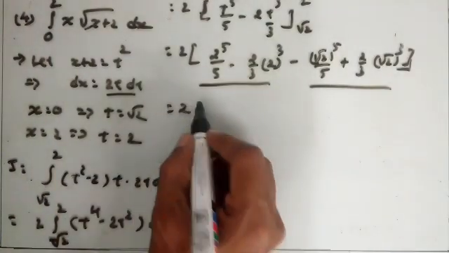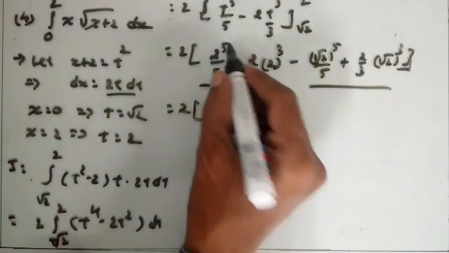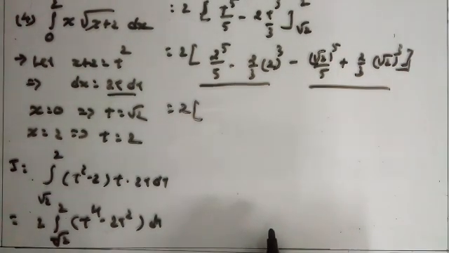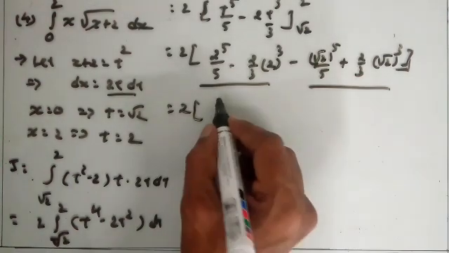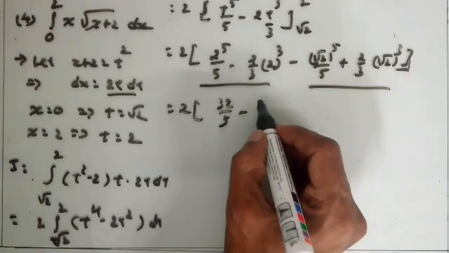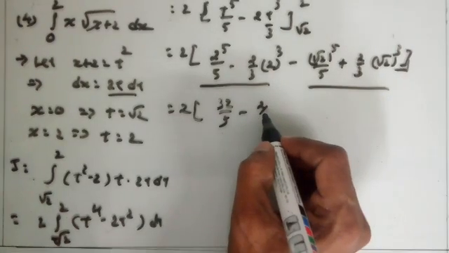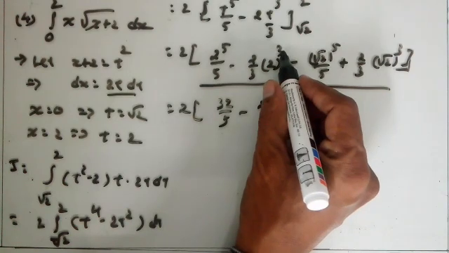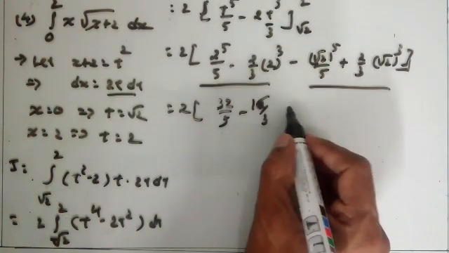So is equal to 2 into, simplify this, 2 raised to 5 is equal to 2 into 2, 4 into 2, 8 into 2, 16 into 2, 32 upon 5 minus 2 upon 3 into 2 raised to 3, that is 8, 8 into 2, 16.